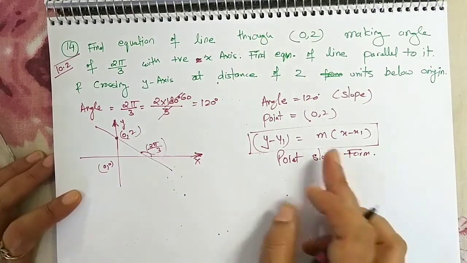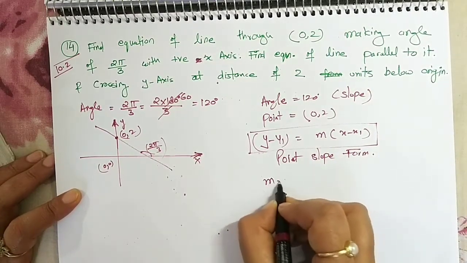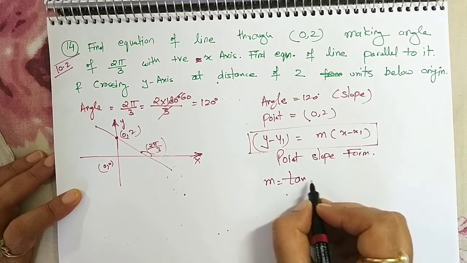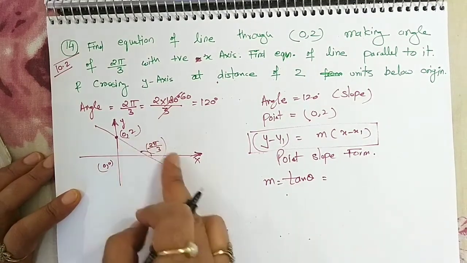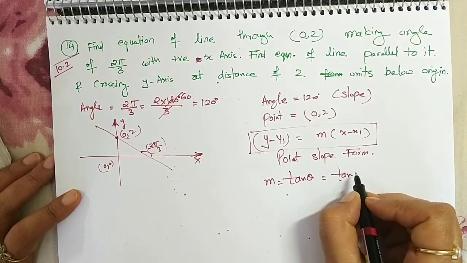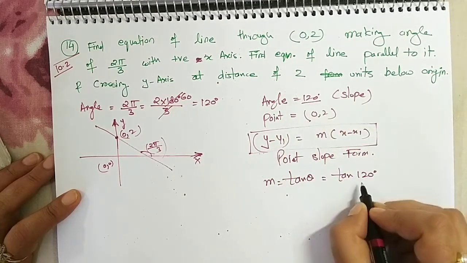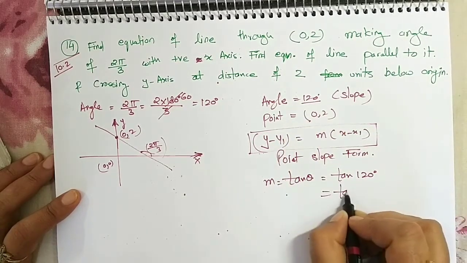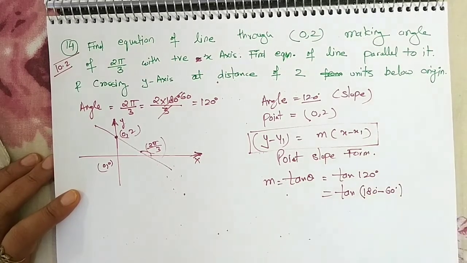Okay, so what is the slope? M is tan theta, where theta is the angle the line is making with the positive x-axis. So it will be tan 120. Can I write 180 minus 60?